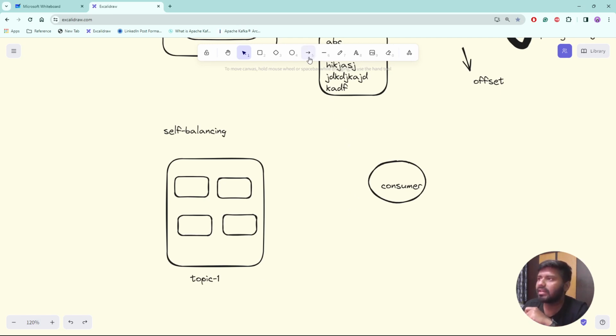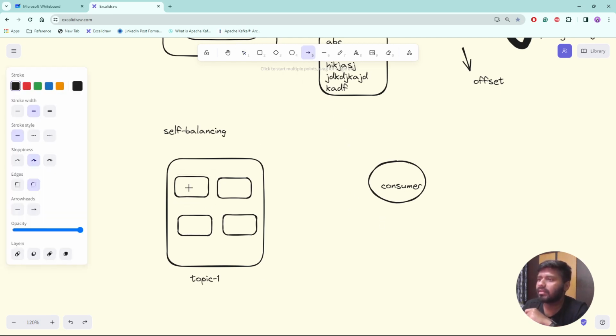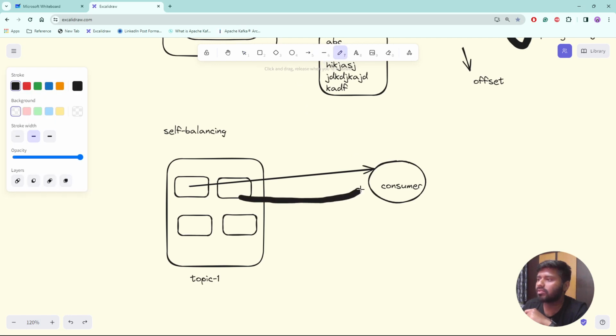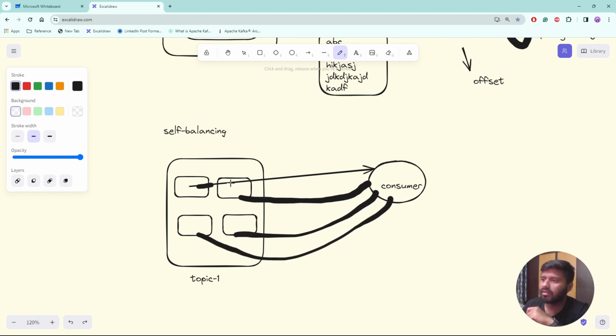In this case, from this partition my consumer gets the records, from this partition also, this partition also, and this partition. So from all the partitions, my consumer is getting the records. That means Kafka is basically self-balancing here.